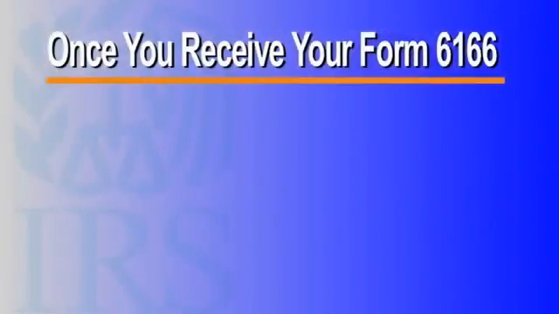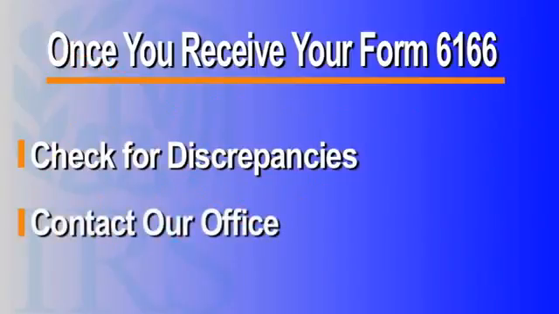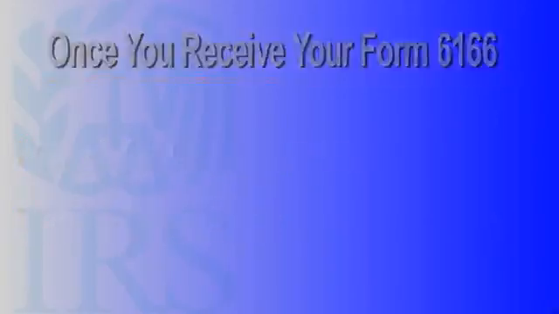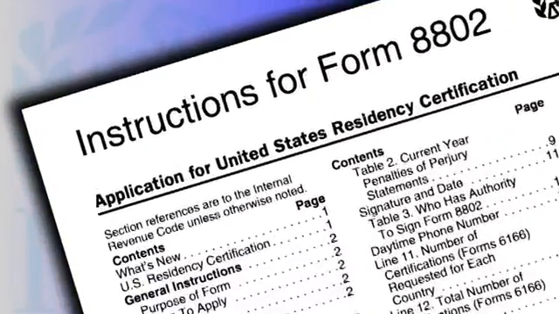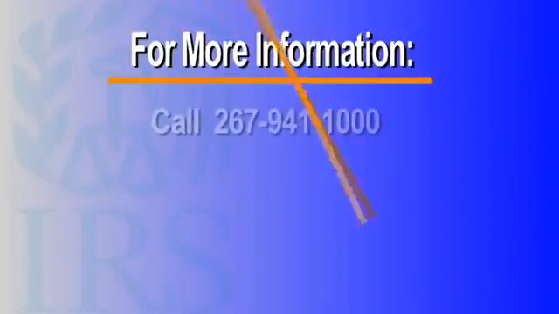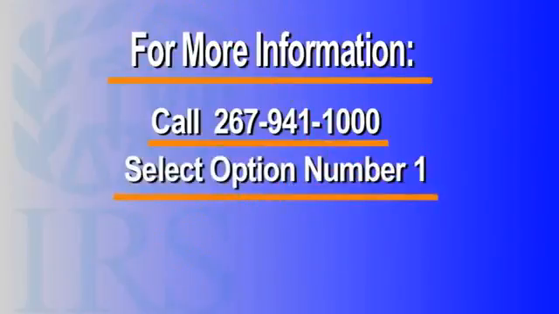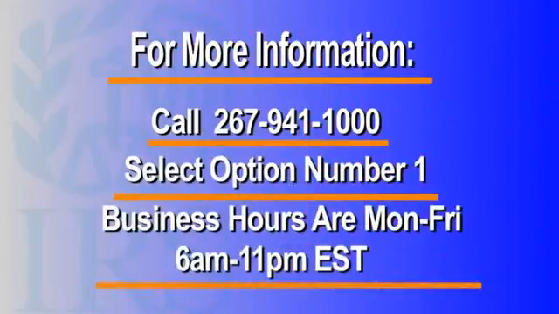Upon receiving your completed Form 6166, check for discrepancies from what was submitted and contact our office as soon as possible if needed. For more information, please refer to the Form 8802 instructions or call us again at 267-941-1000, option 1, between the hours of 6 a.m. and 11 p.m. Eastern Time.